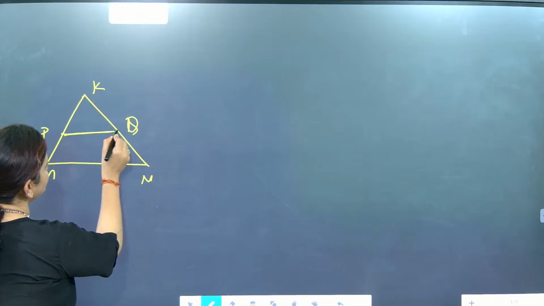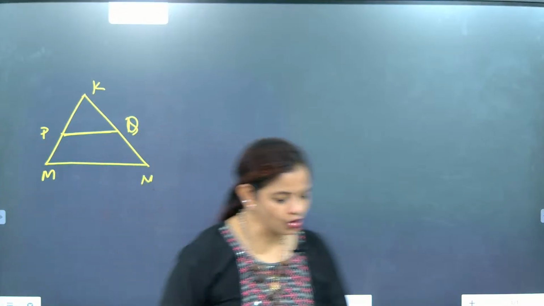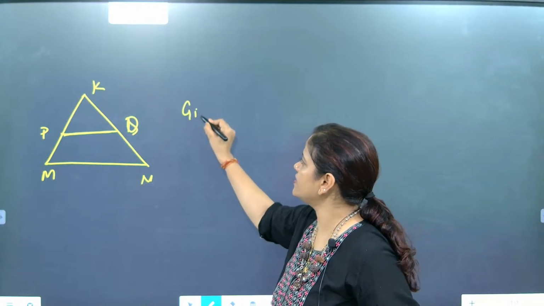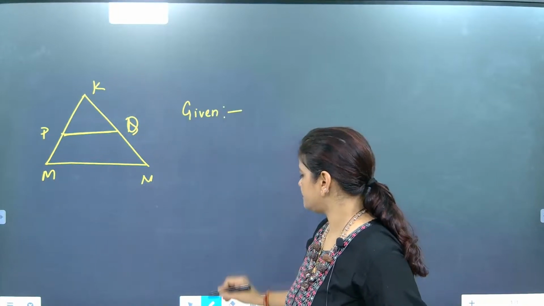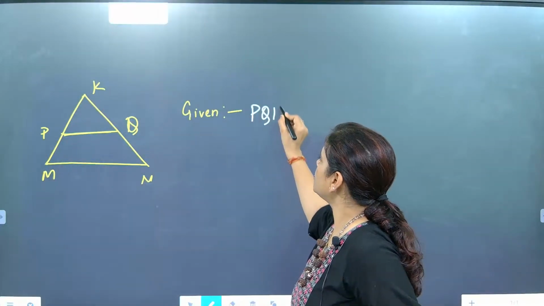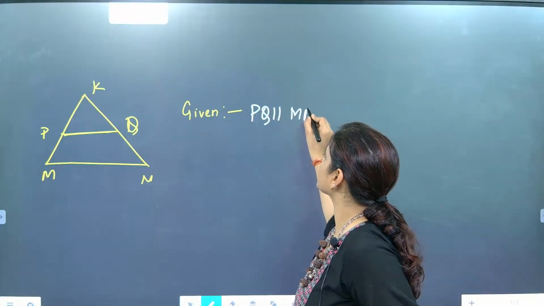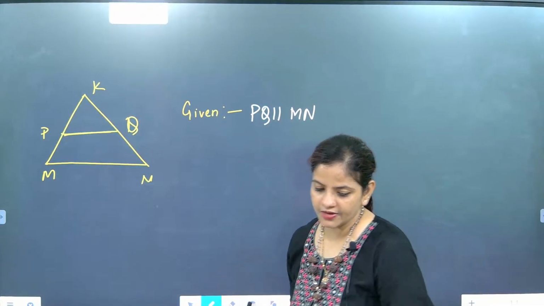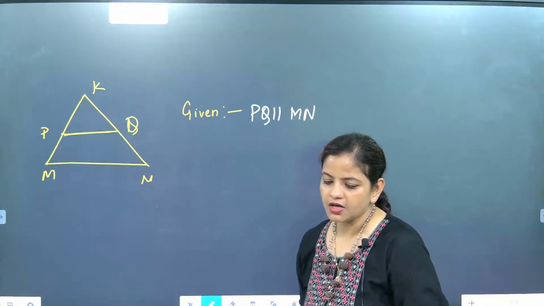What is given to you is triangle KPQ. PQ is parallel to MN. This is given to you, beta. Understood?